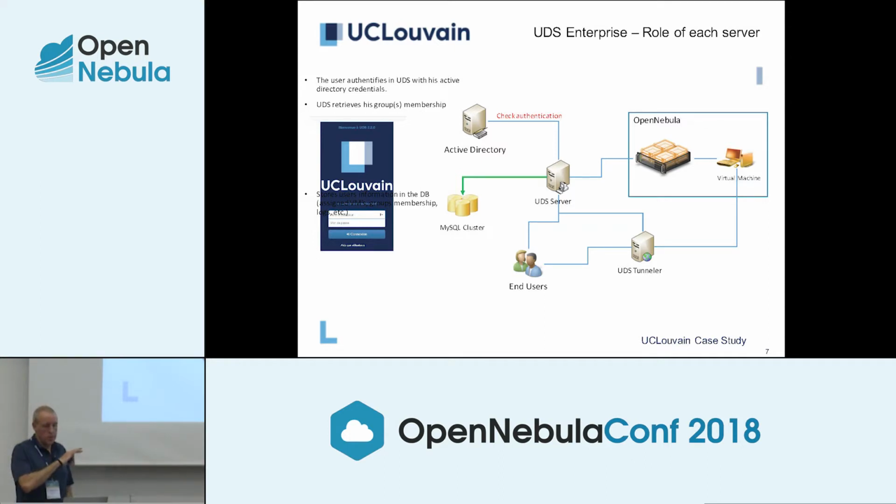If the user does not exist in the MySQL UDS database, it will store it with all the information it needs: group membership, what machines it already has used, and so on. If the user already exists, it will only synchronize the information from the Active Directory to see if some group membership has changed, and to update this information.